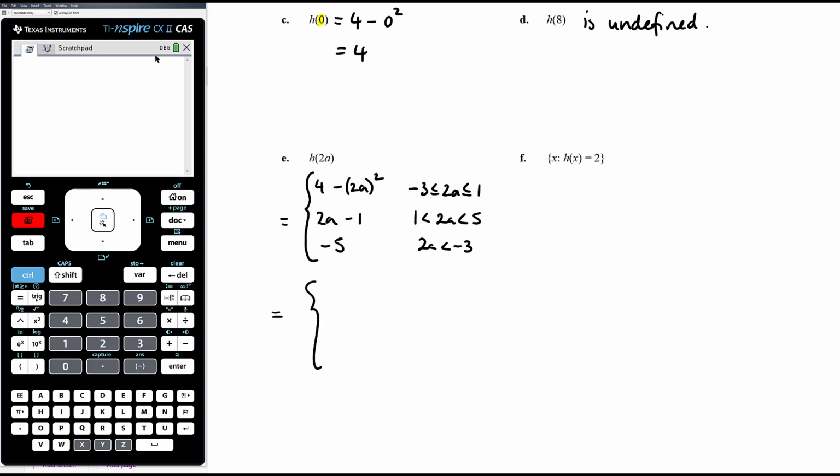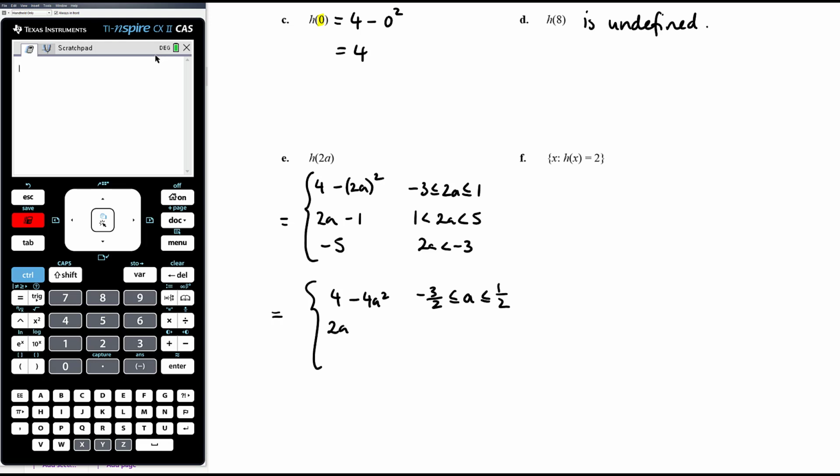So that's going to be 4 minus 4a squared. And if we simplify this inequality to make it all about a, so dividing everything by 2, that rule only applies where a is between negative 3 on 2 and 1 on 2.